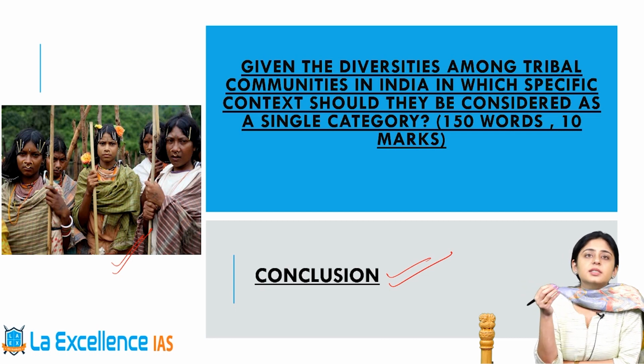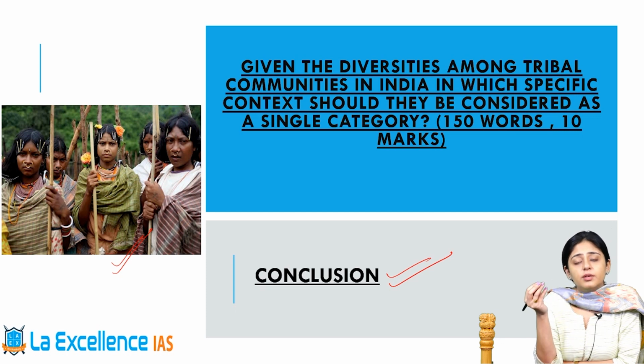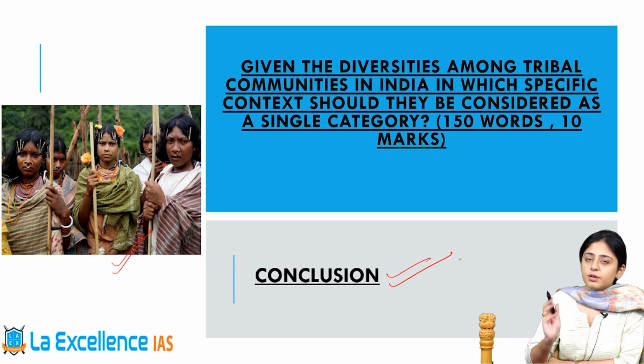So there are still certain categories of scheduled tribes. You can say our approach should not be assimilation of these tribals, right, but integration. On Nehru's tribal Panchsheel policy, we should have a kind of integration with these tribals so that their basic features, their culture, their beliefs, are preserved, right? So this you can write in your conclusion.